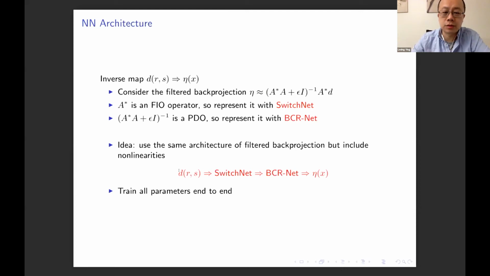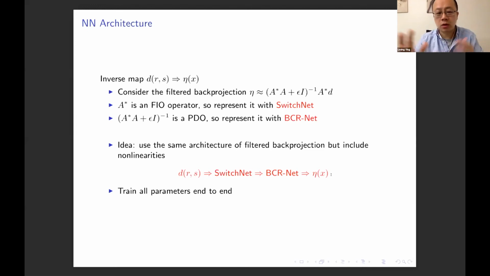So the whole architecture looks like the following. The idea from filtered back projection is that you take your data D, you first apply the SwitchNet to mimic this A star operator, and then you apply this BCR net to mimic the inverse of the normal operator, and that produces a result. So you see that here we're really using the physics of the problem to propose a neural network architecture for my inverse problems.